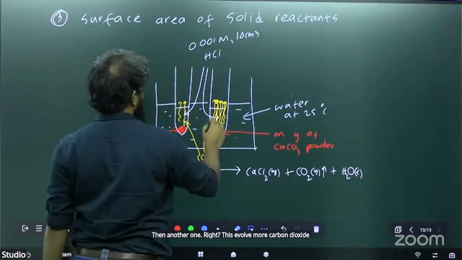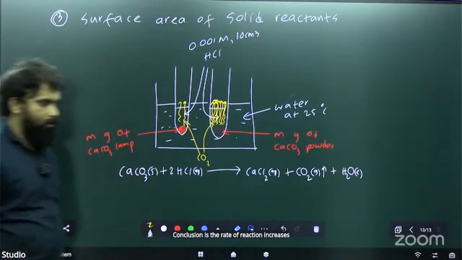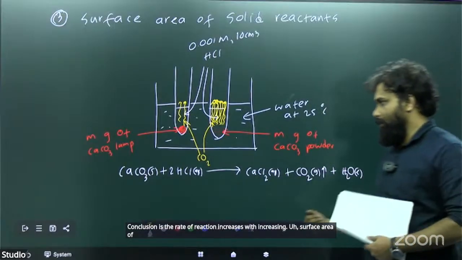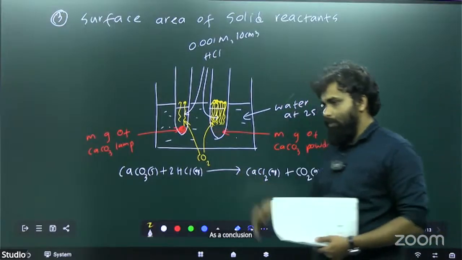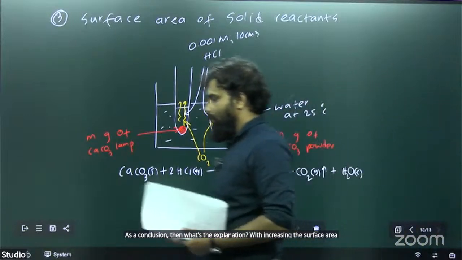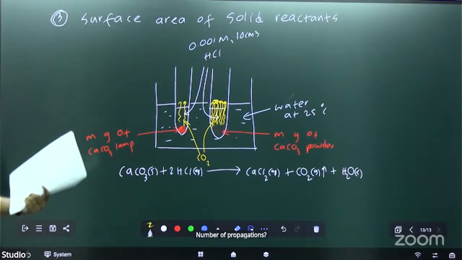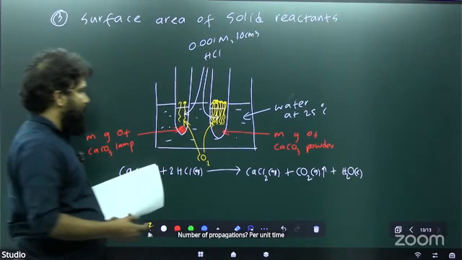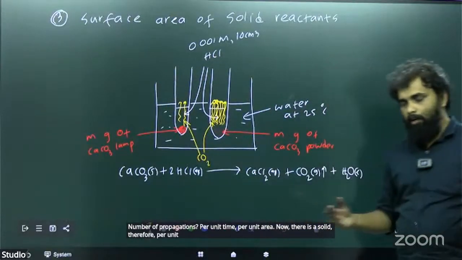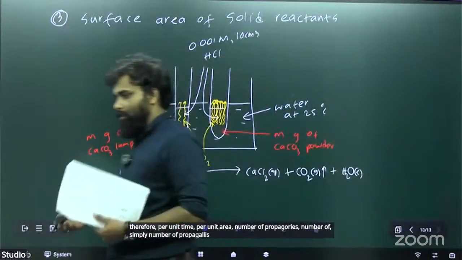Then what's the conclusion? The rate of reaction increases with increasing surface area of solid reactant. Then what's the explanation? With increasing the surface area, the number of proper collisions per unit time per unit area increases.